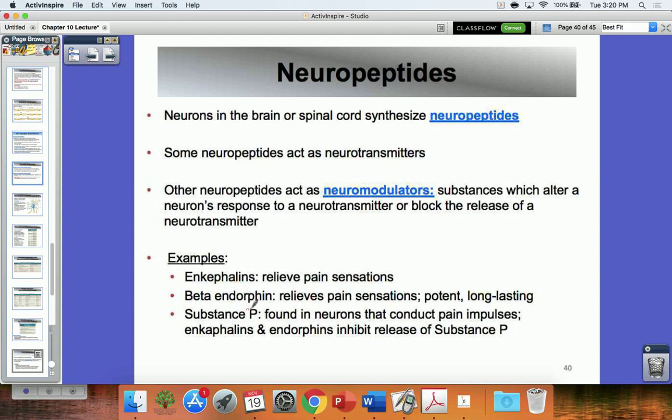But we naturally secrete endorphins to do that. And also, substance P is just another type of neuromodulator that helps to conduct those pain impulses as well. And enkephalins and endorphins, the first two we just talked about, actually inhibit the release of substance P.